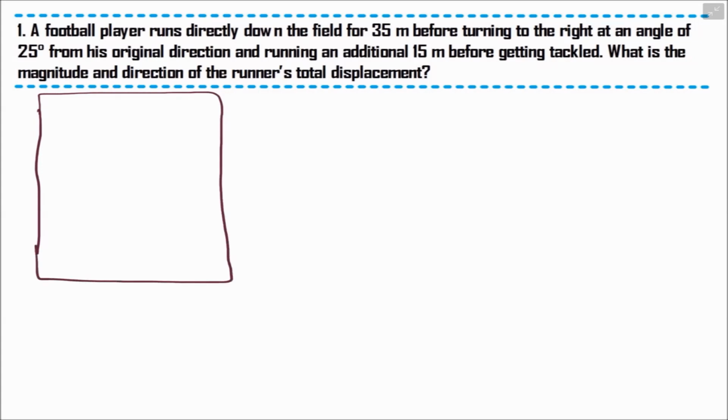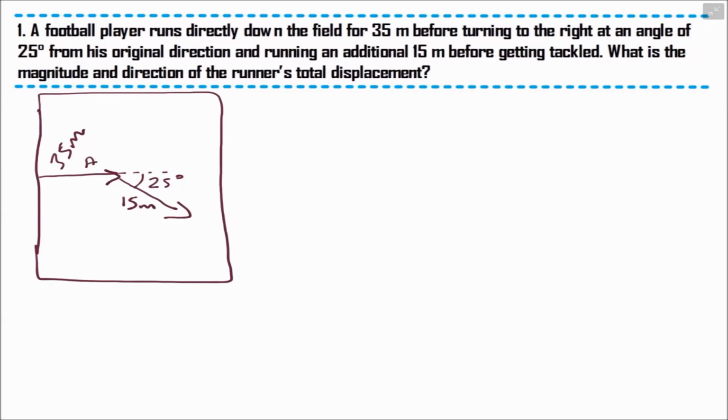It says he goes firstly downfield, that means toward the center, 35 meters. And then he turns to the right with an angle of 25 degrees, and goes 15 meters.